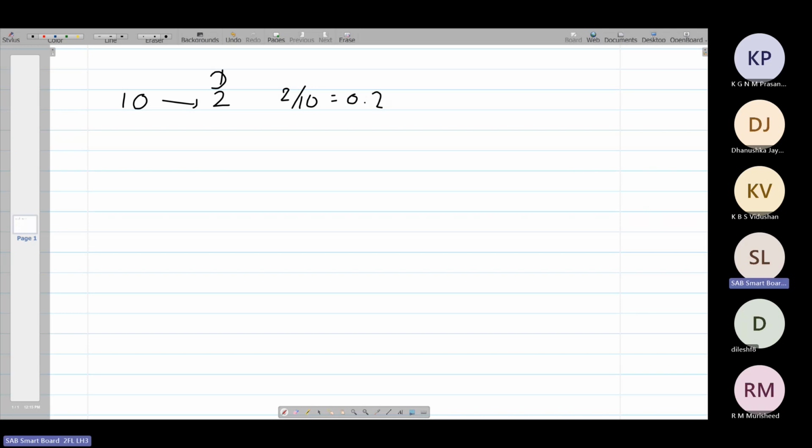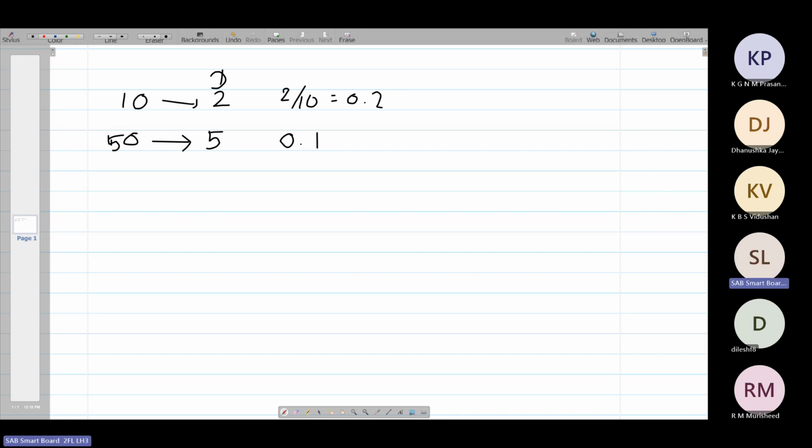Then next time, we take 50 items. Out of these 50, 5 items are defective. What is the probability now? 5 over 50 means 1 over 10, 0.1.